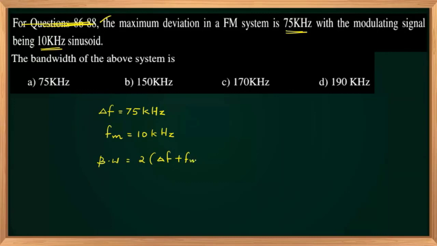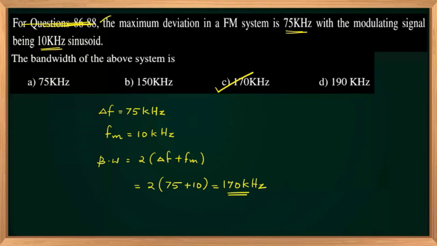It's the formula for calculating bandwidth. Equal to 2 into (75 plus 10), 2 into 85 equal to 170 kilohertz. So the right answer is 170 kilohertz.